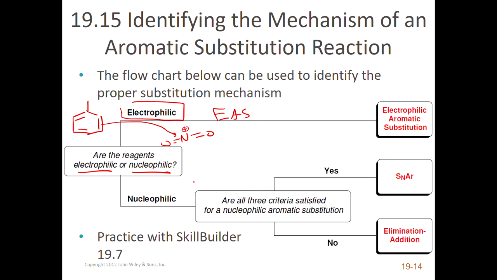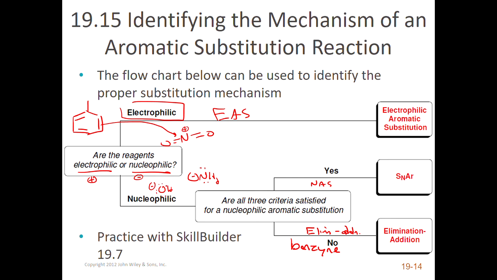If the reagent is negatively charged, like an NH2 or an OH minus, those are obviously not electrophiles because they don't have a positive charge, they have a negative. And so if they're nucleophiles, then I'm looking at either the NAS reaction we talked about at the beginning or the elimination-addition reaction we just talked about that goes through the benzyne intermediate.